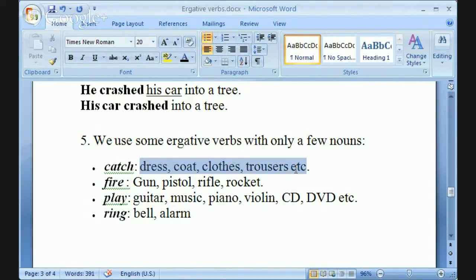Okay, "catch." How could you use "catch" with clothes, Jonathan? Catch and your dress, your coat, your trousers. Actually, why am I just picking on Jonathan? Anybody? I think for holding dress, coat, clothes on the wall.